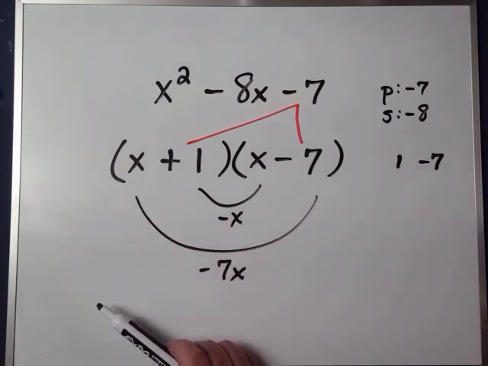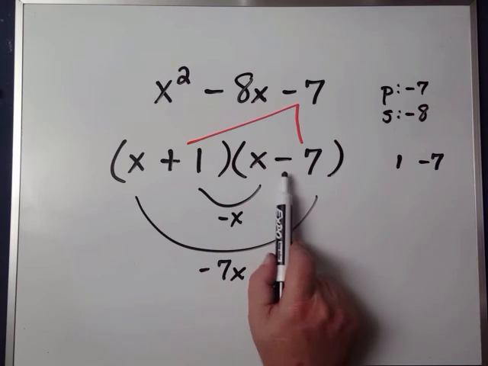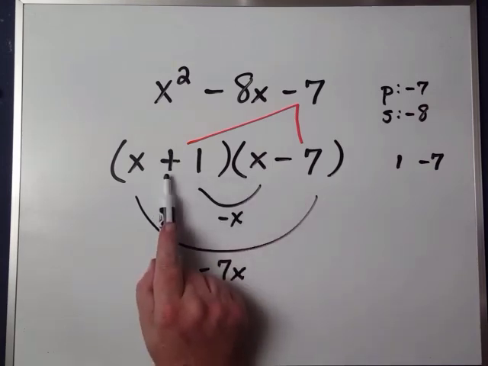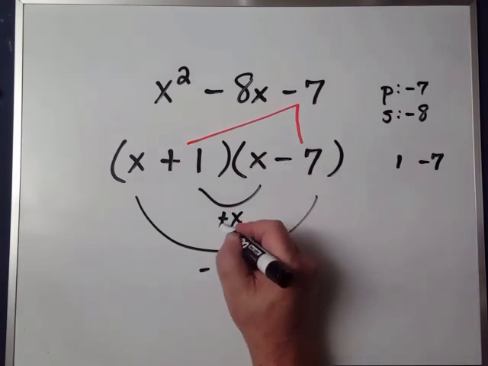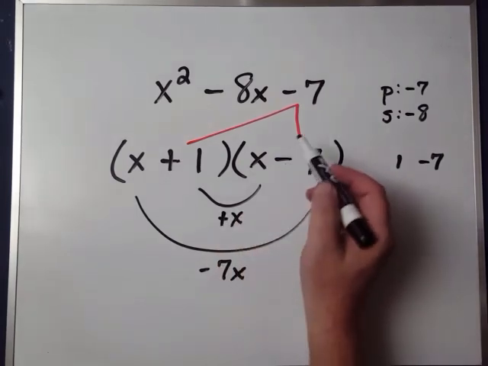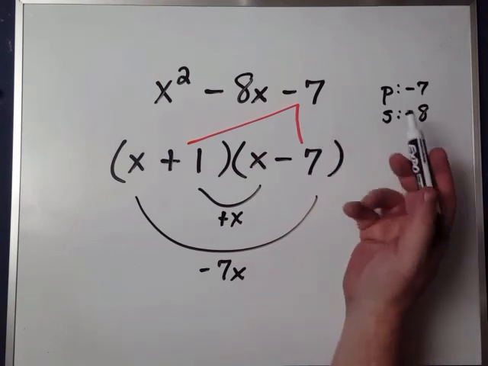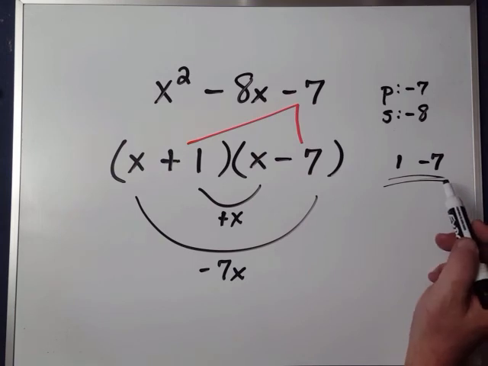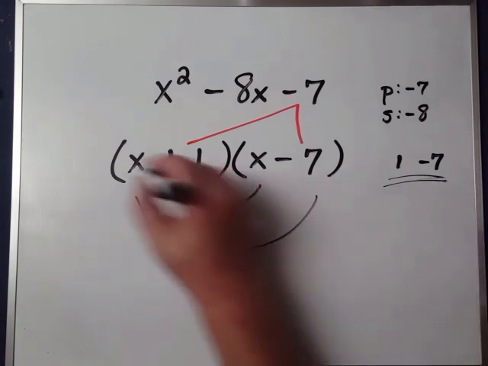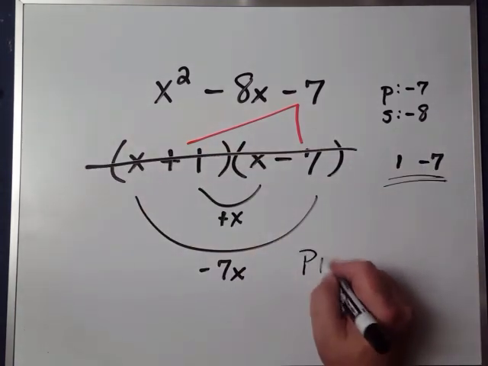The only thing you can possibly do, in a problem like this, is put the minus here and the plus there and try it, but that's not going to help. I'm looking for two numbers whose product is -7, whose sum is -8. There are no two such numbers. And so this is prime.